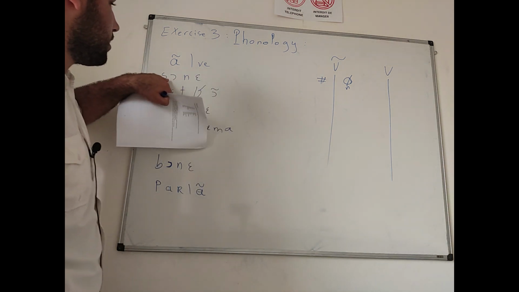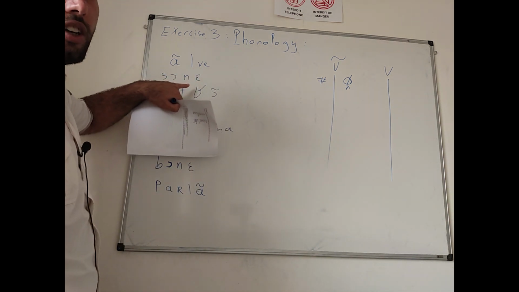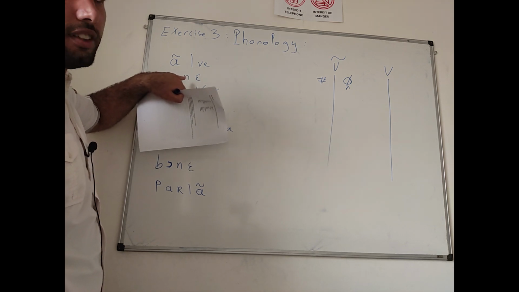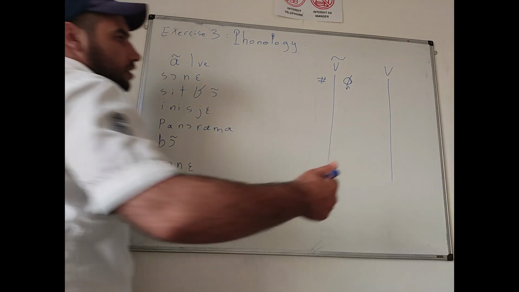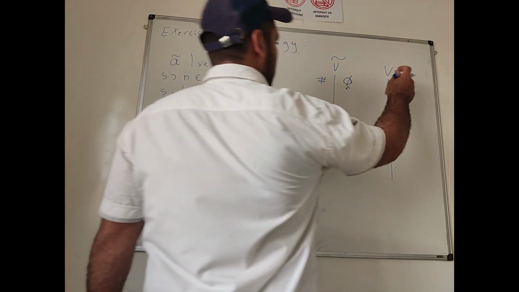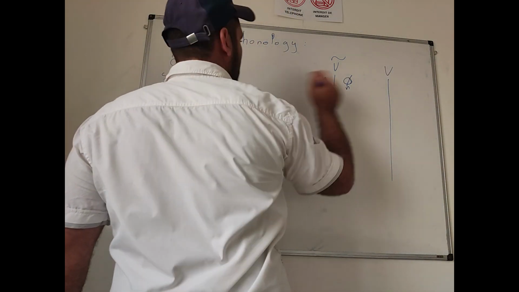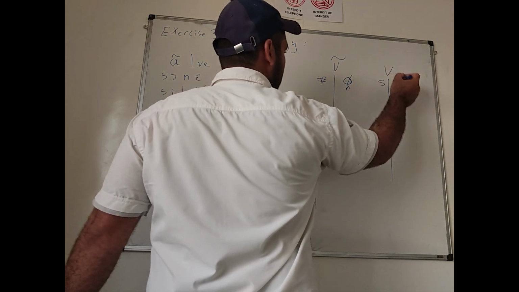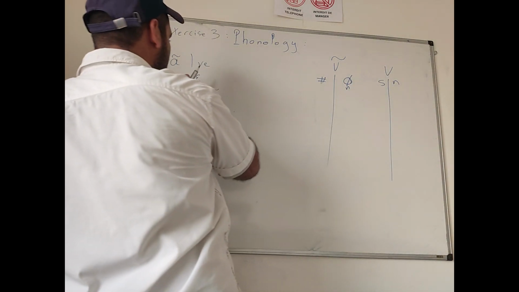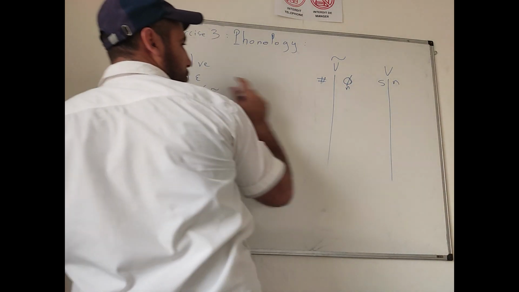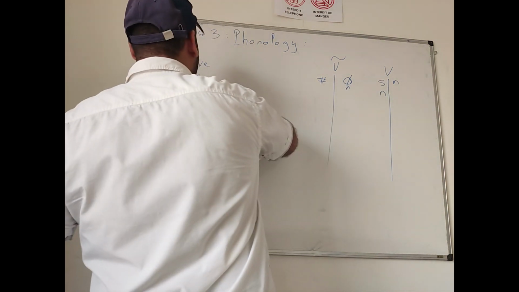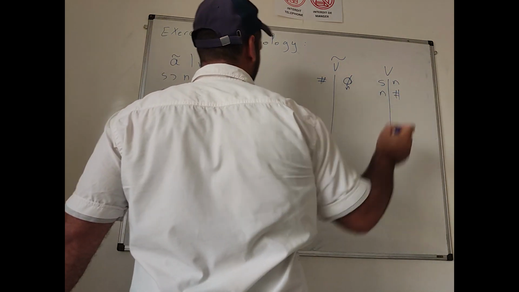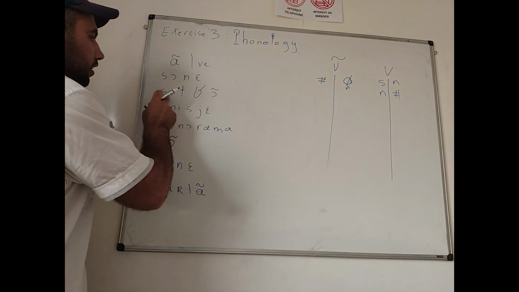No nasalization process occurs because the nasal consonant does not get deleted. Here the vowel is preceded by the S sound and N sound, while the other one, the A, is preceded by the N and followed by nothing. Let's move to the other one.